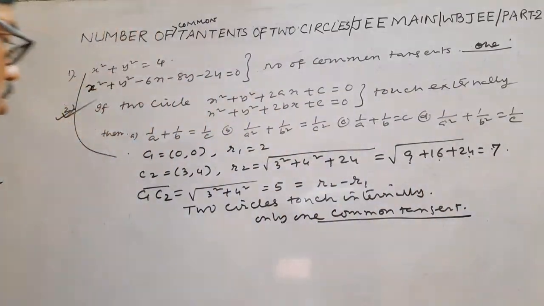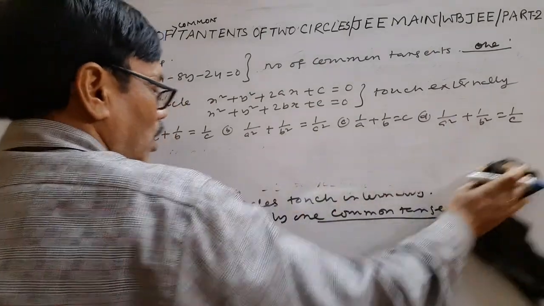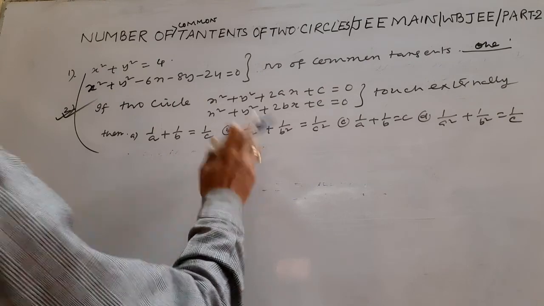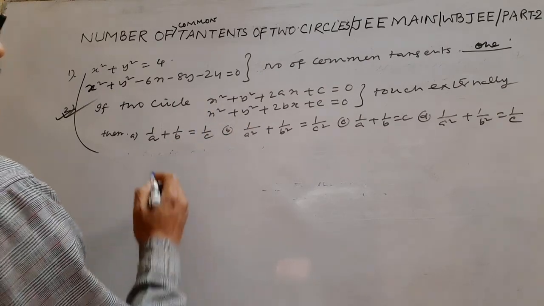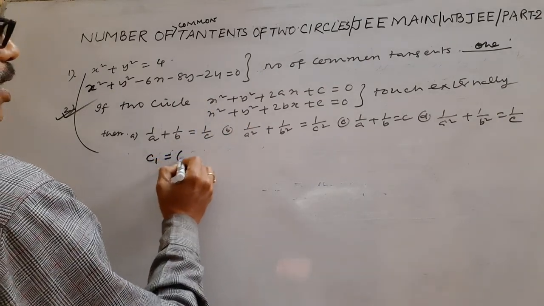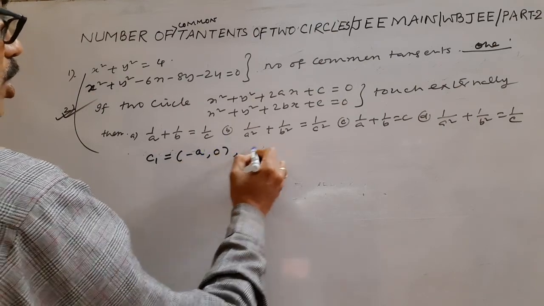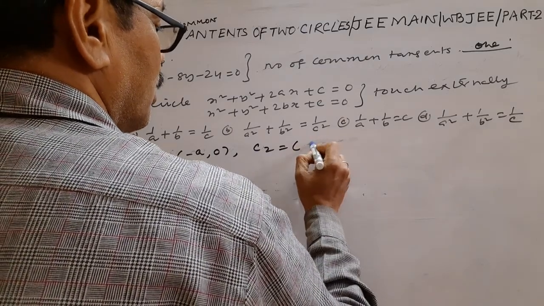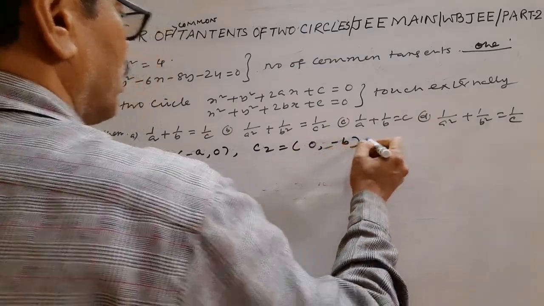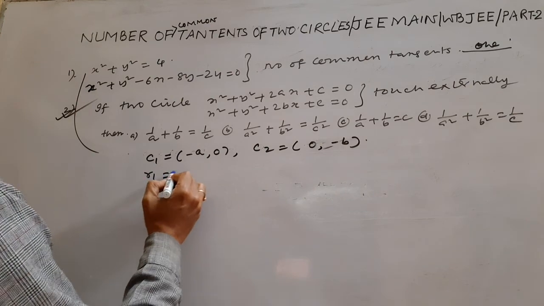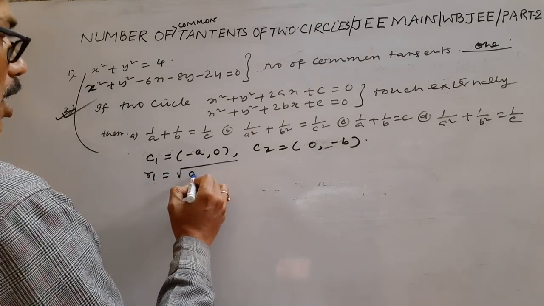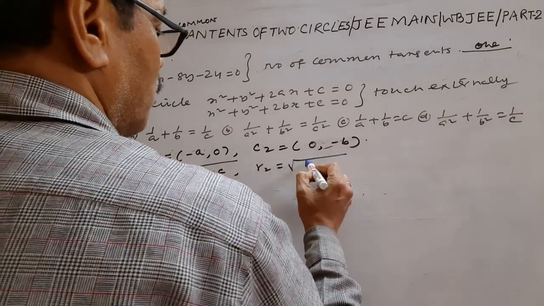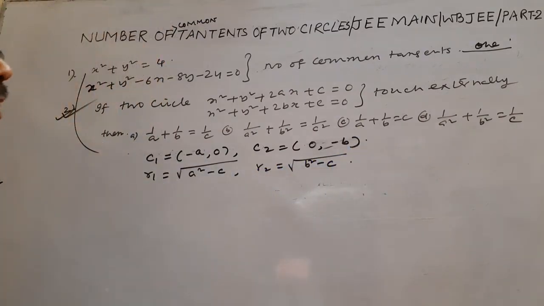If two circles touch externally, then which condition is true? So C1 is (minus a, 0) and C2 is (0, minus b). So R1 equals root over a square minus c, and R2 equals root over b square minus c.